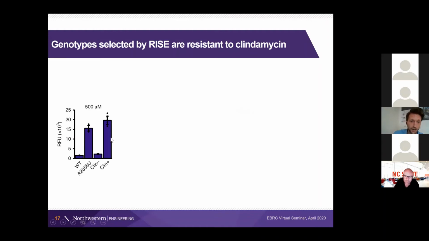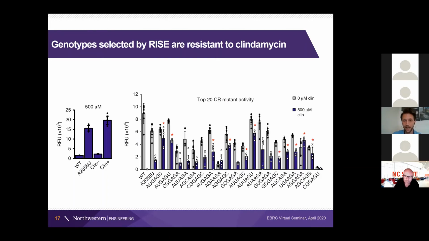And if you look at our library of variants selected in the presence of clindamycin, they actually do even a little bit better than that control variant. We took the top 20 of the genotypes that were selected in the pool, individually cloned them, and expressed GFP in the presence or absence of clindamycin. And you can see that most of them are functional.